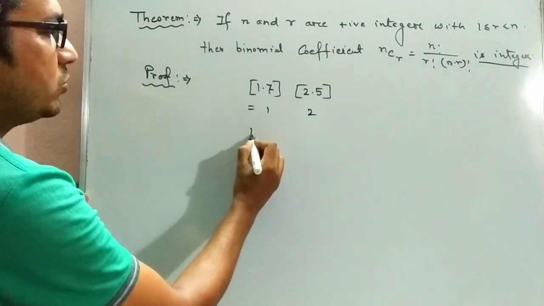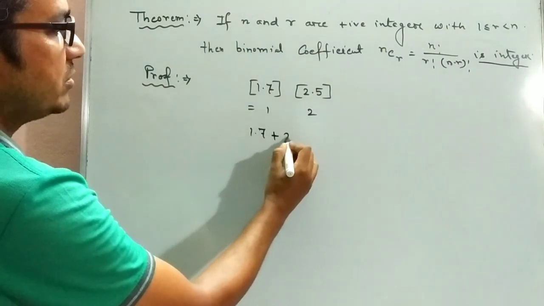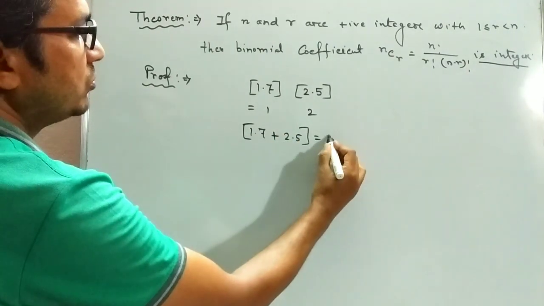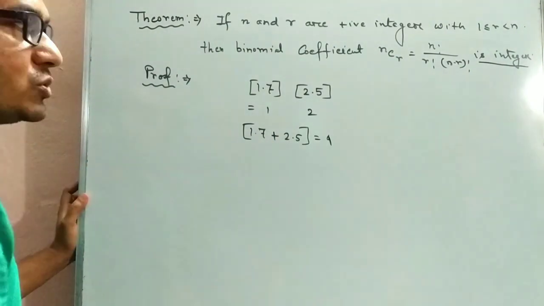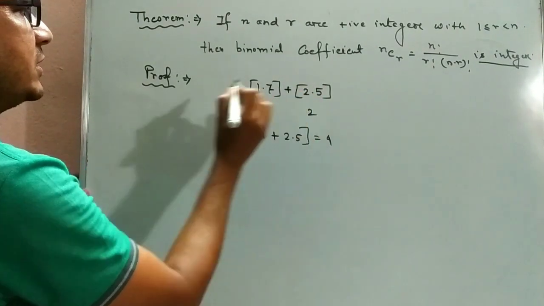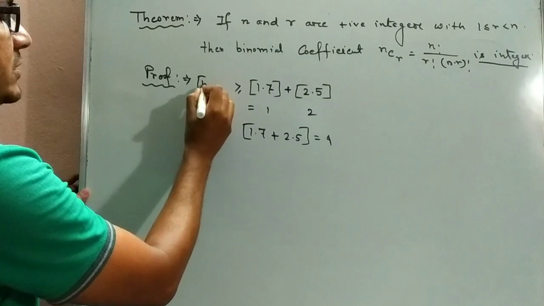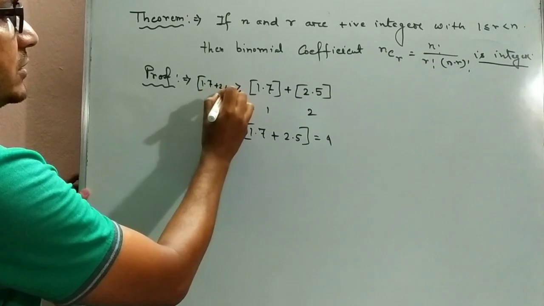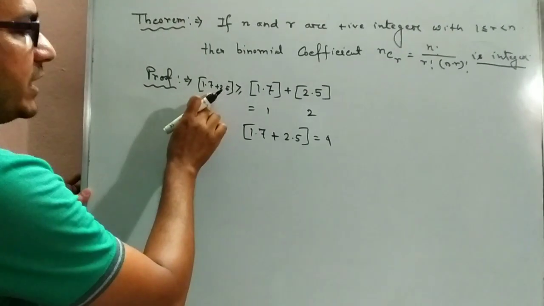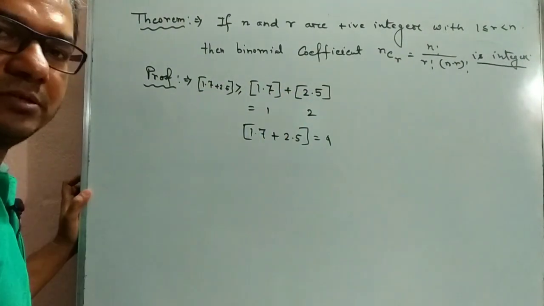But if we add the two numbers 1.7 and 2.5, the whole box is equal to 4. So we can write this result. Okay, left hand side is 4 and right hand side is 3.